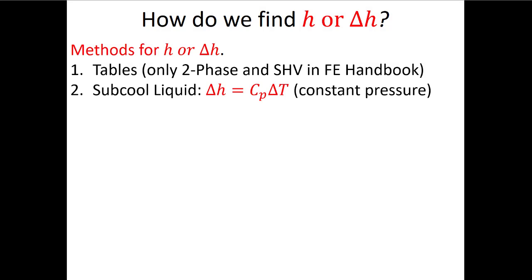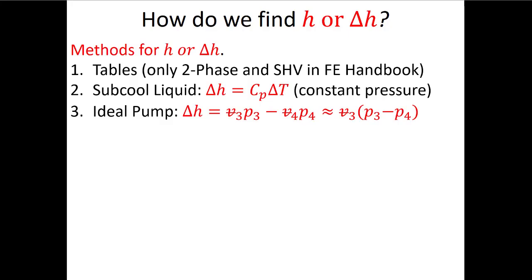If I had a subcooled liquid, remember we can approximate H as HF at the same temperature, provided we're not going through an ideal pump. But typically, for subcooled liquids, if we had subcooled liquid at the inlet of a process and at the outlet of a process, maybe the cooling water in a heat exchanger, if this was at constant pressure, we would assume that delta H is equal to Cp, that's the specific heat at constant pressure, times delta T.